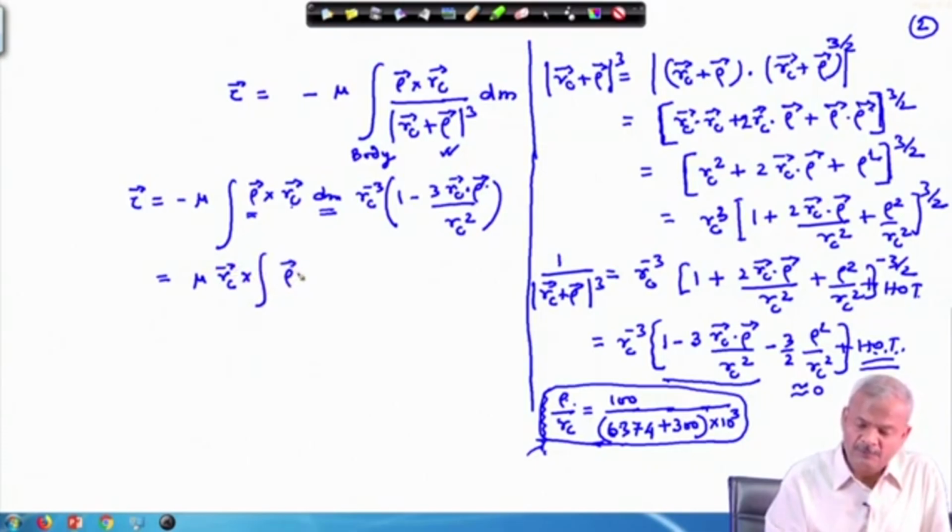And then we have the rho, minus sign we are absorbing, because we are flipping these two vectors, and then thereafter write all these terms.